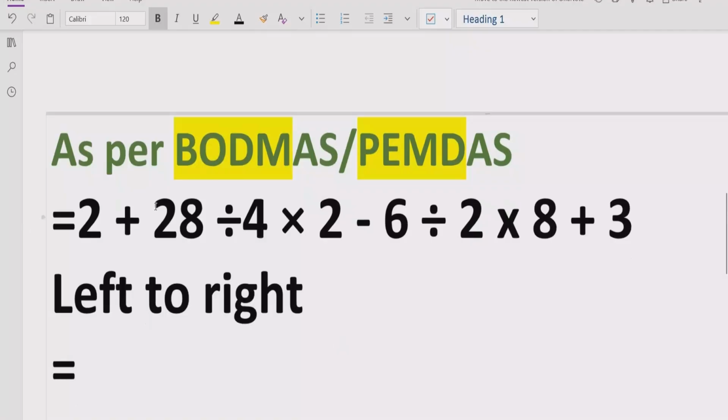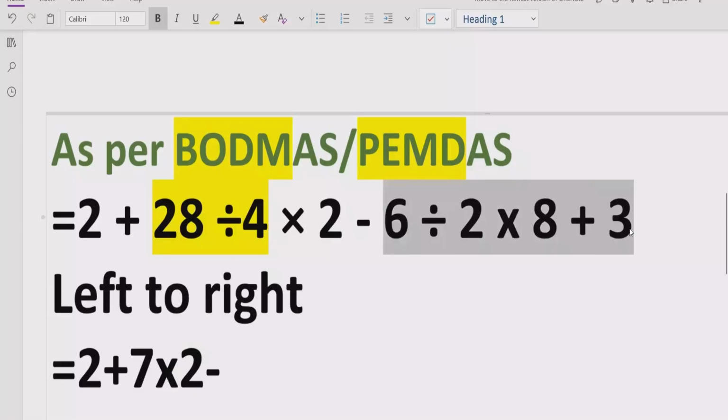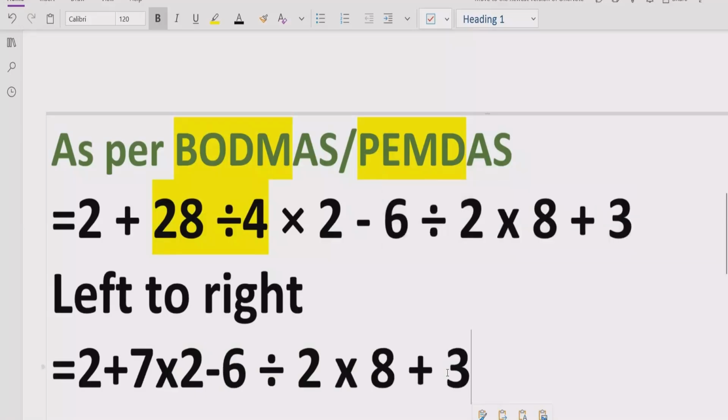So now we have 28 divided by 4. So 2 plus 28 divided by 4 is equal to 7. Now multiply by 2 minus 6 divided by 2. This part I'm writing here as so.